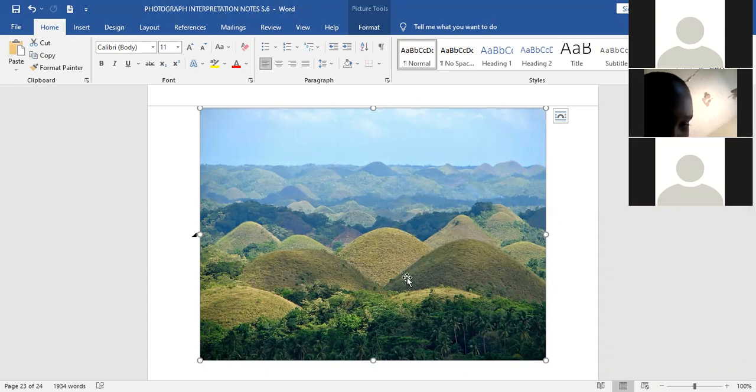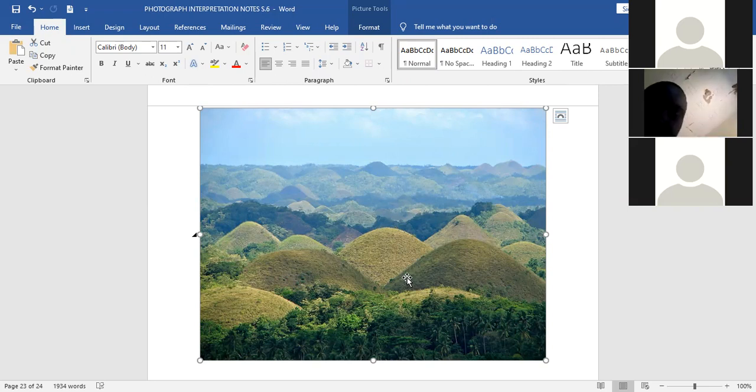The other problem that we can note here is difficulty in the construction of settlements. And this explains the reason why I don't see even many settlements in the area. Difficulty in the construction of settlements, evidenced by steep slopes in the foreground and the middle ground of the photograph.